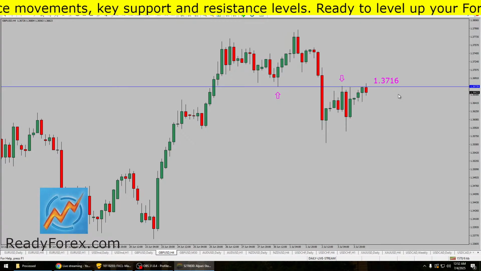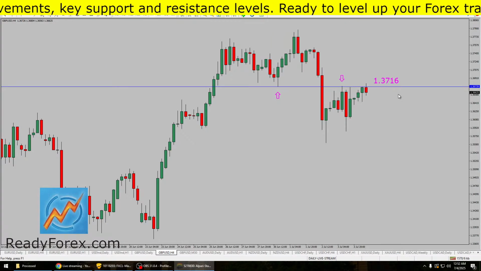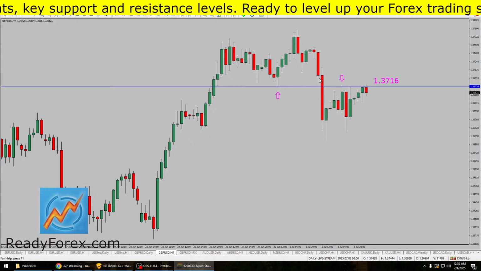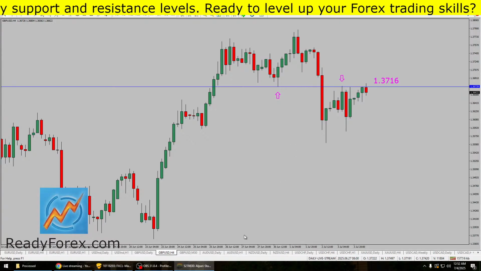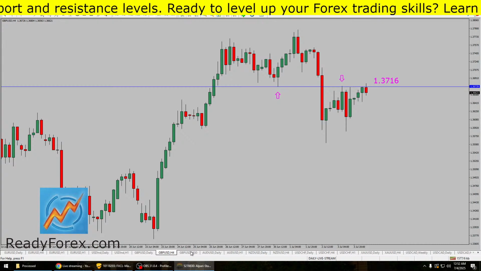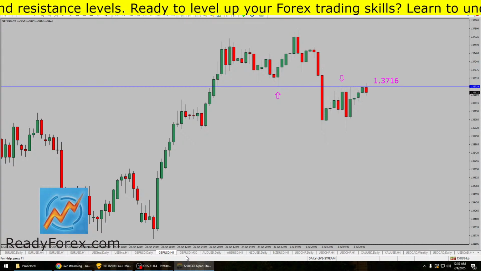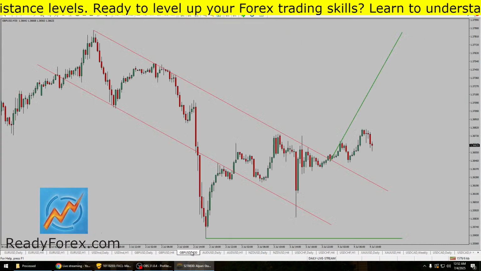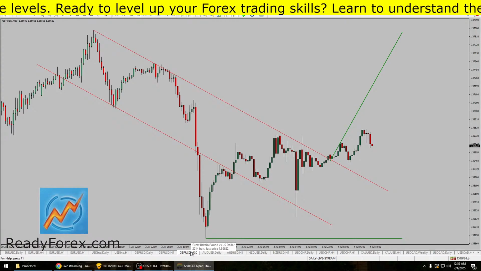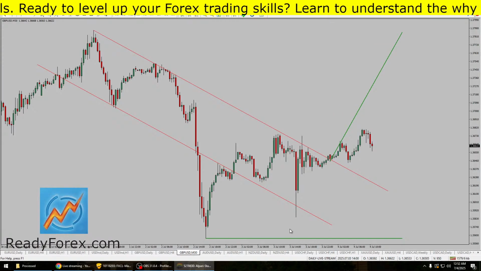If this happens, then I think we could get further upside. Now there is another wave count which suggests that price action is going to drop more, and that bearish wave count is only going to work if the market breaks below the support level.